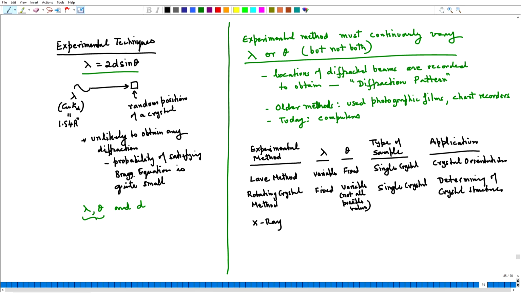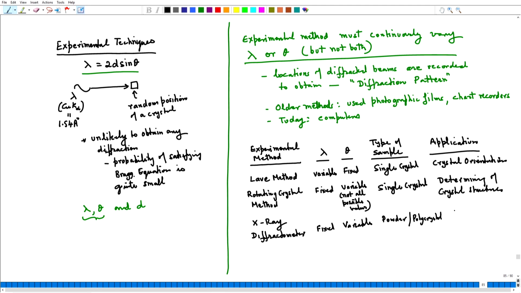One of the most popular methods today is the X-ray diffractometer, where wavelength is fixed, theta is variable and all possible angles. Sample used typically is powder or polycrystal.